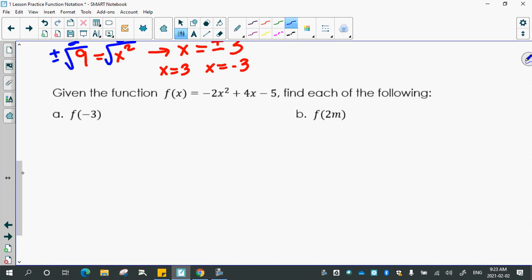Okay, so I see tons of people wrote the notation down. They've got f at negative 3 equals negative 2 using brackets.